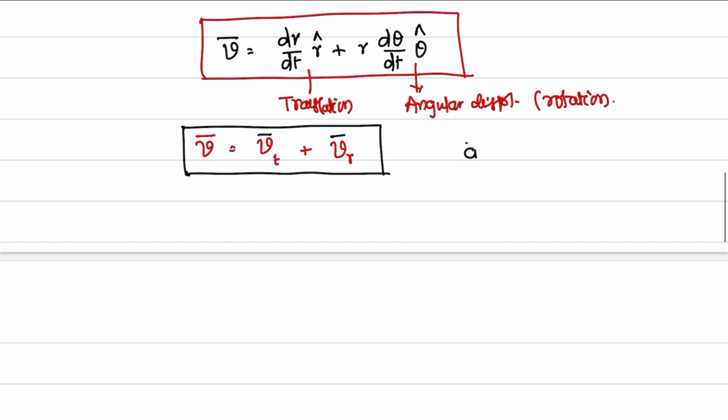For acceleration, this is equal to A r plus A theta. This is due to translation, and this is due to rotation. Don't worry about the names.